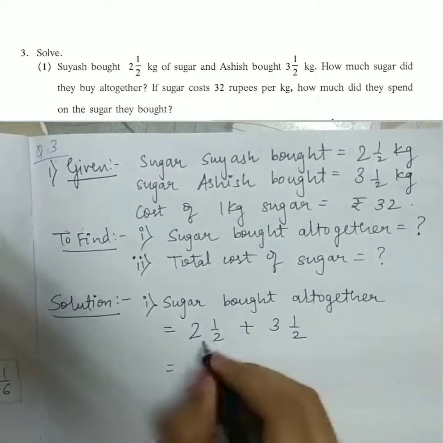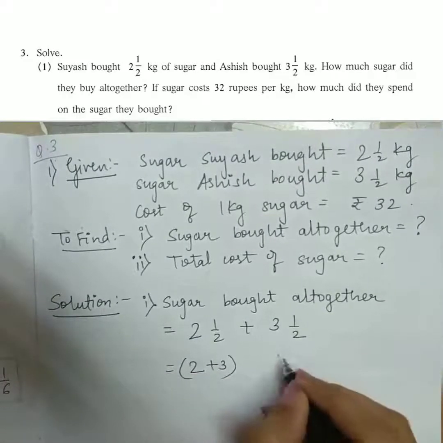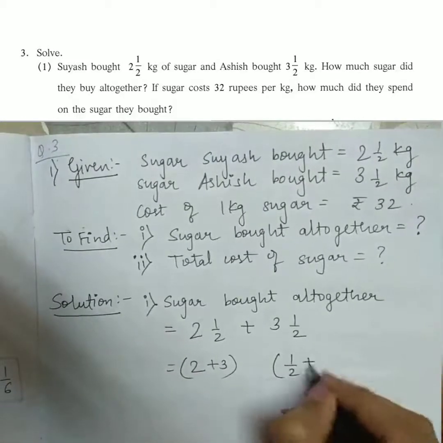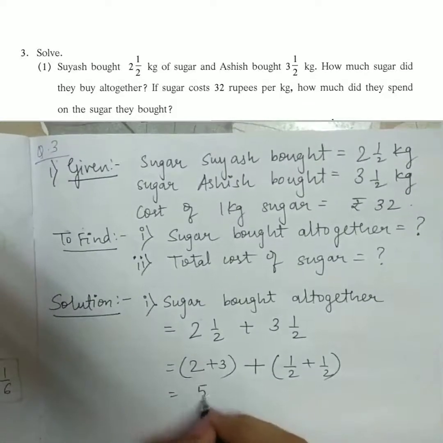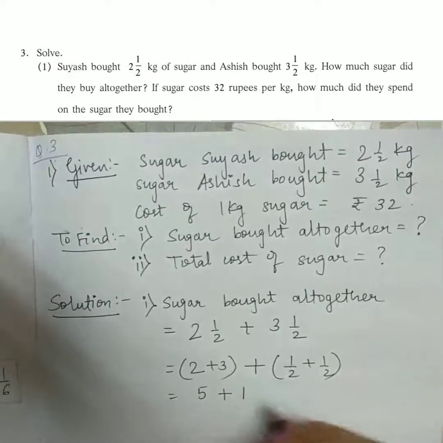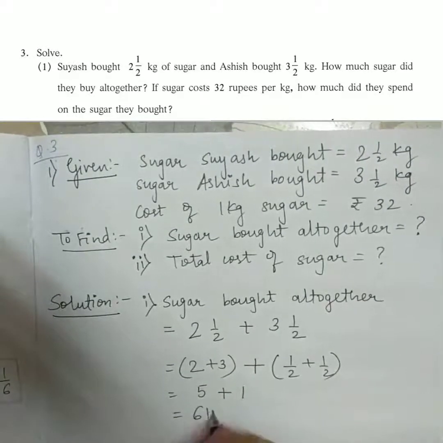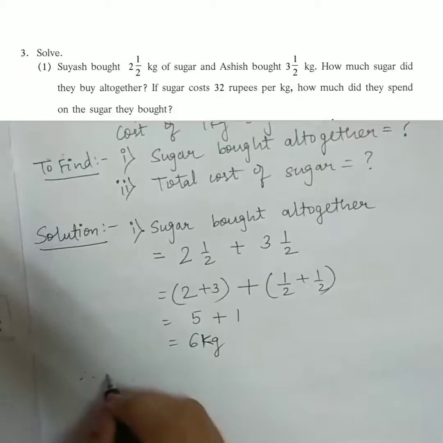So same way, 2 plus 3, whole numbers and fractions together. 2 plus 3, 5, plus half plus half is 1, means 6 kg sugar. So sugar bought altogether is 6 kg.